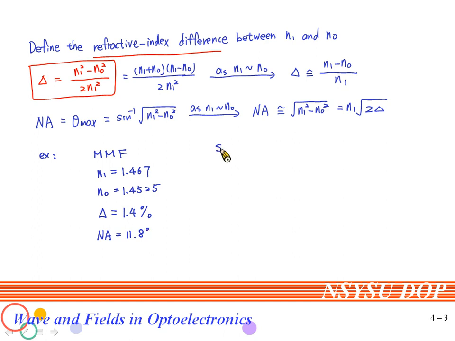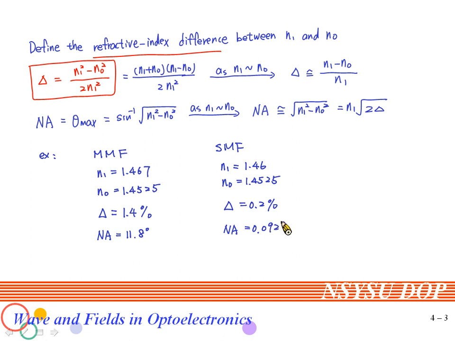But for a single mode fiber, we have the core index of 1.46 and the cladding index N0 of 1.4525. For such a device, the refractive index difference is 0.2%. As a result, we have a smaller numerical aperture of 0.092.